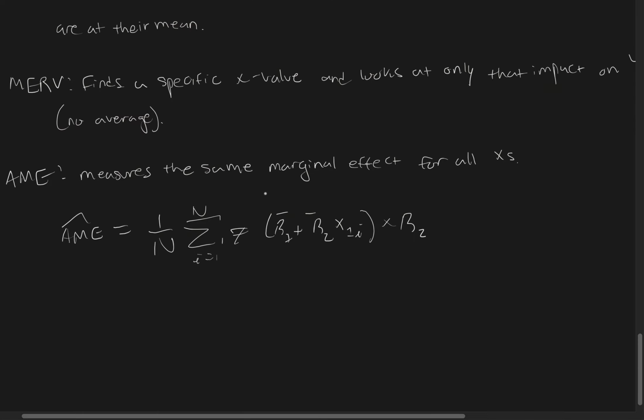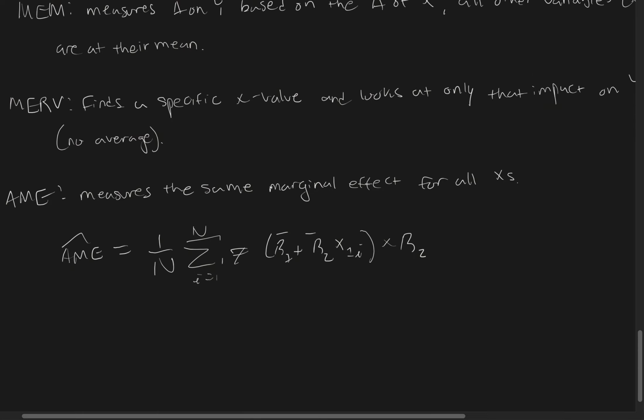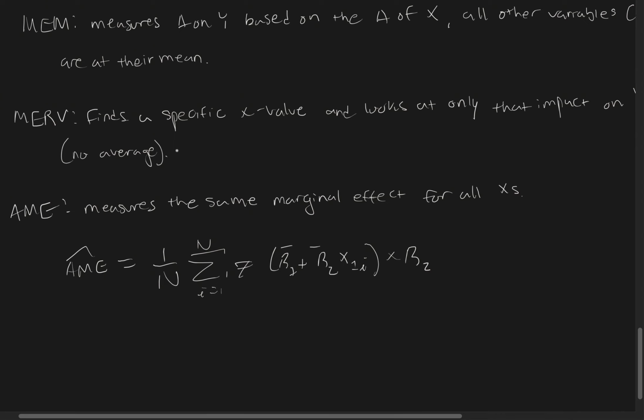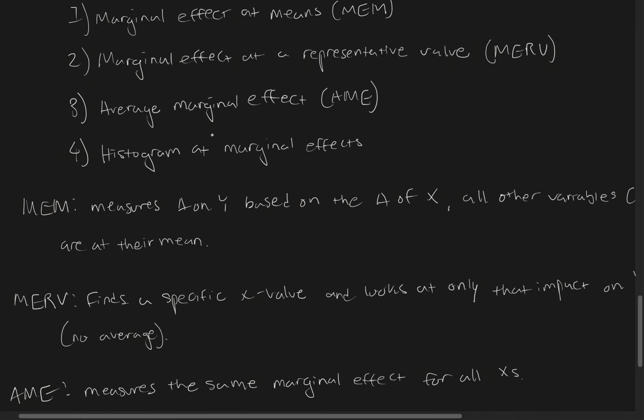Finally, the average marginal effect, pretty simple. It's kind of what you think of when you think of the average. We can think of it as measuring the coefficient for all of the representative values of what we did here, but we add all of that up and then divide it by n. So literally just the average of this MERV, the marginal effect at representative value.